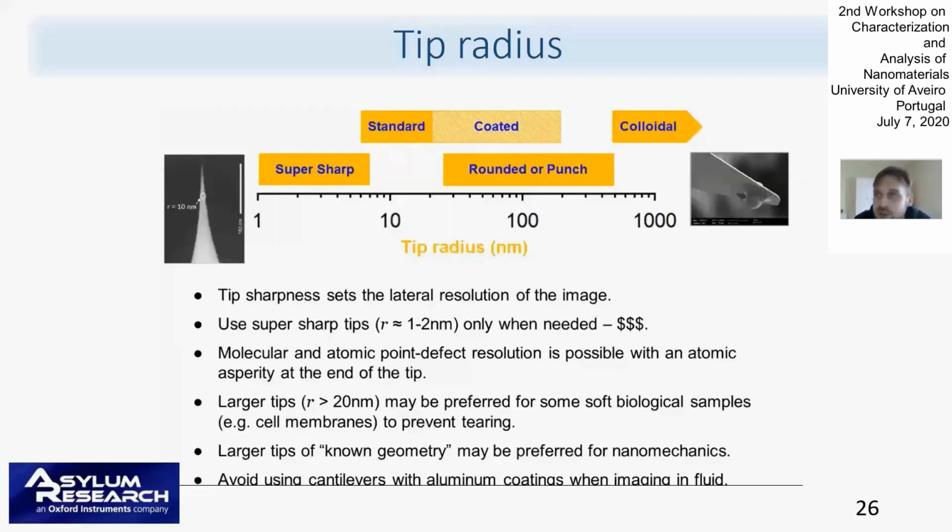So if you need to measure some not really sharp features, maybe it's a better choice to use a standard tip, or even a wide tip, or something different like a colloidal tip, for example. The colloidal tip is a tip with a big particle on it, like in the image on the right side.